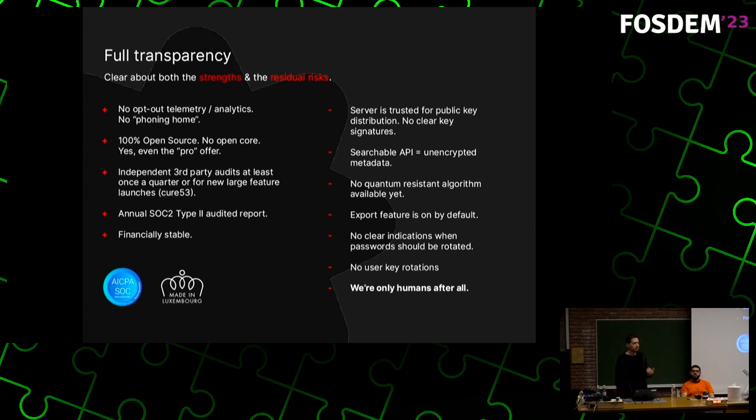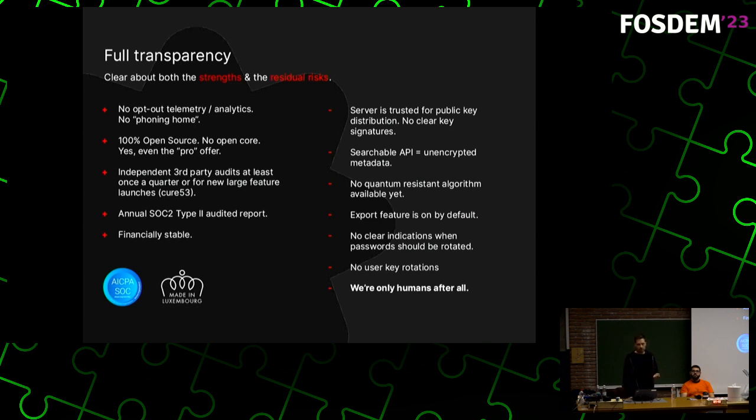So every time we release a big feature, they audit the changes. Of course, it doesn't mean that it's perfect. We are human, so it's possible that there are some mistakes in the libraries that we use, or in what we are doing. But at least we are trying to be transparent about what are the efforts that we make to report these vulnerabilities, if any, and fix them in a timely manner.